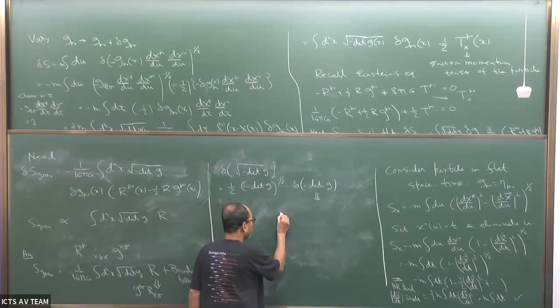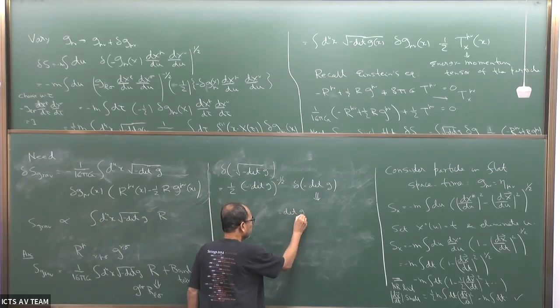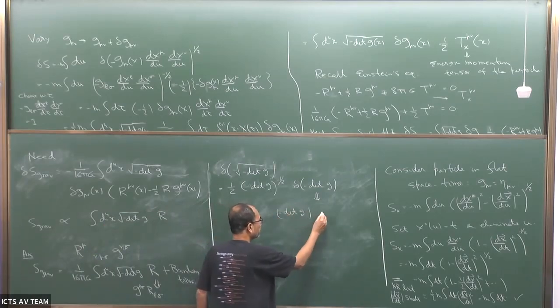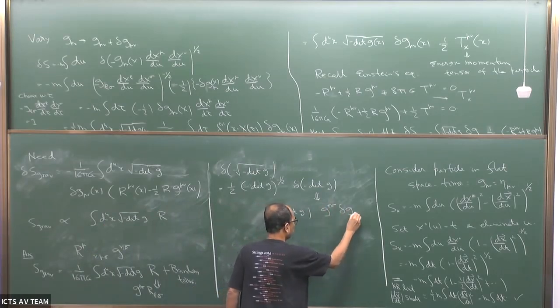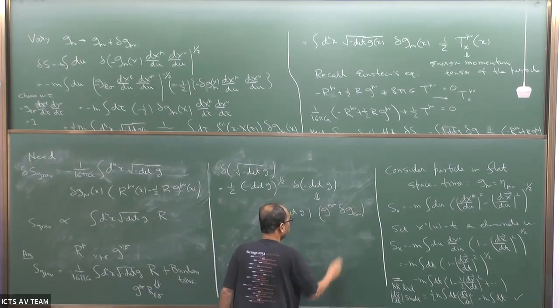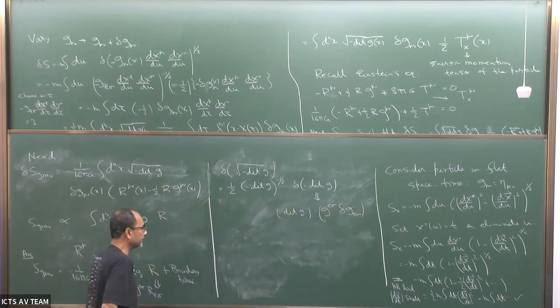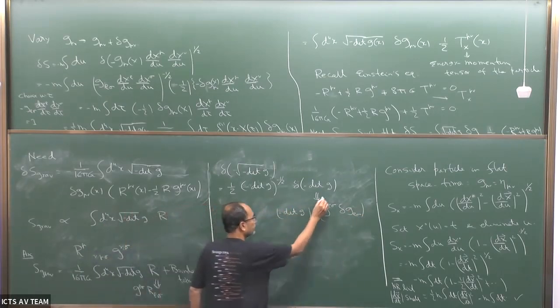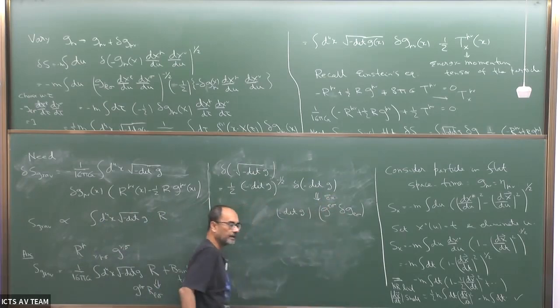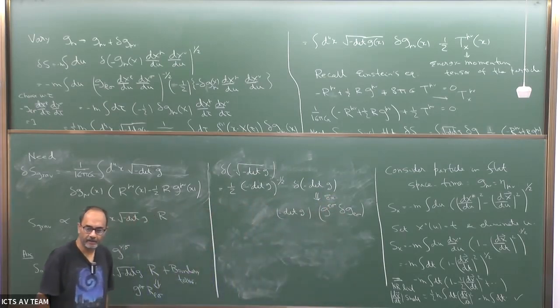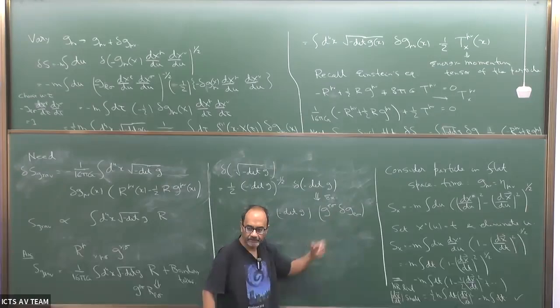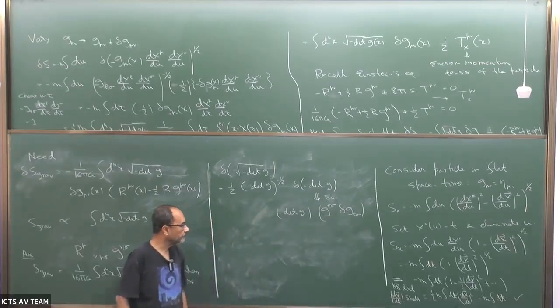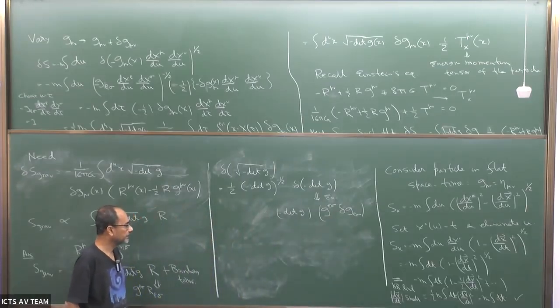This is basically minus determinant G times G rho sigma delta G rho sigma. This I'll leave as an exercise. This is just a matrix identity. The variation of the determinant of a matrix is the determinant of the matrix times G rho sigma times delta G rho sigma. This is just matrix manipulation.